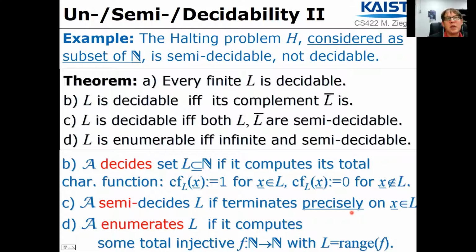And in particular, it will never get around to the other phase of our algorithm purportedly deciding. But our new algorithm must always terminate.